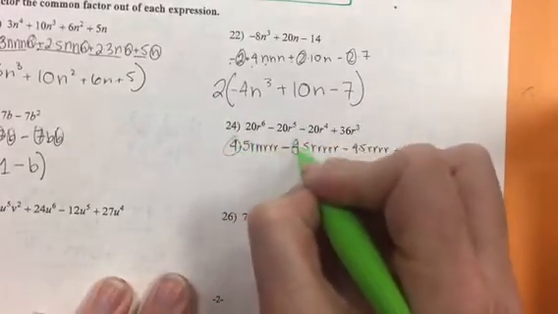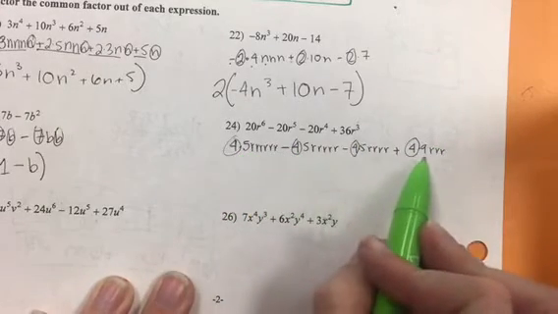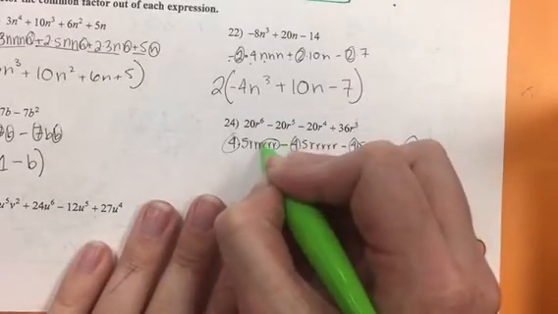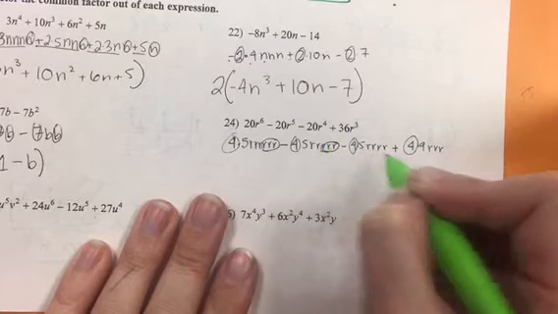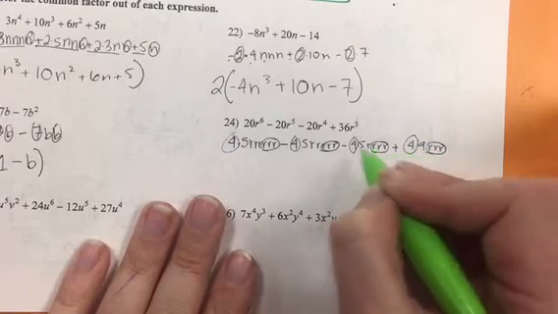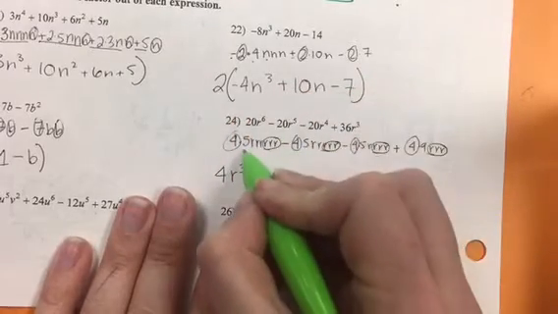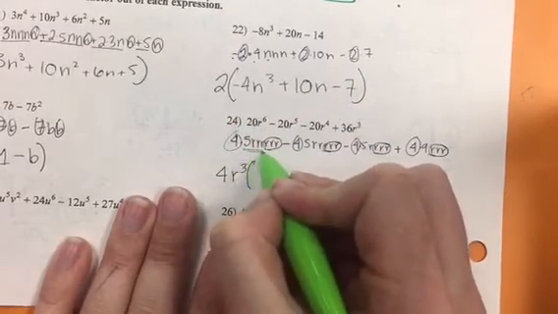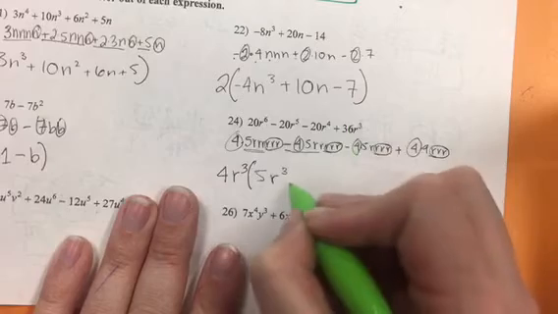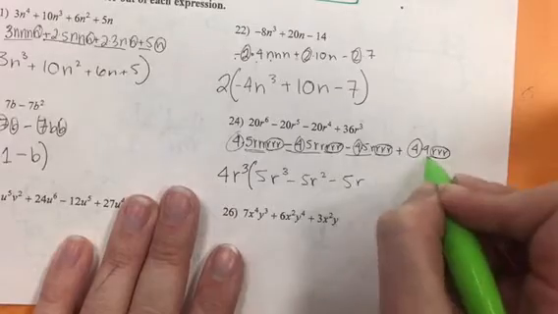We can take out the 4's. Now some of us would want to go through and circle the 5's, but this last term does not have a 5, so I can't circle them. But I can circle my r's, and I can circle a total of 3 because that's the minimum amount that I have. So I can circle 3 r's. Perfect. So I have 4r cubed, and left over is 5r cubed minus 5r squared minus 5r plus 9.